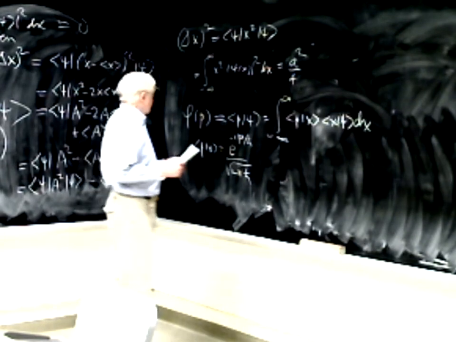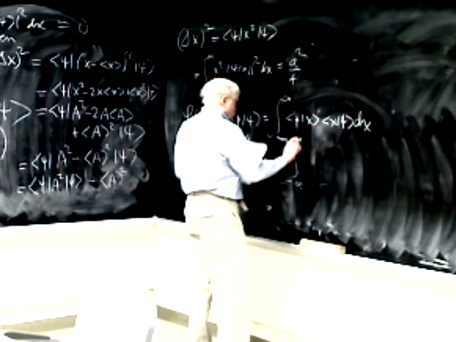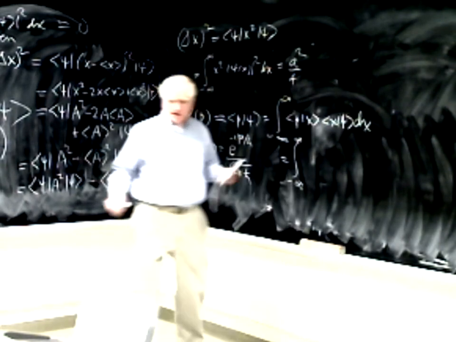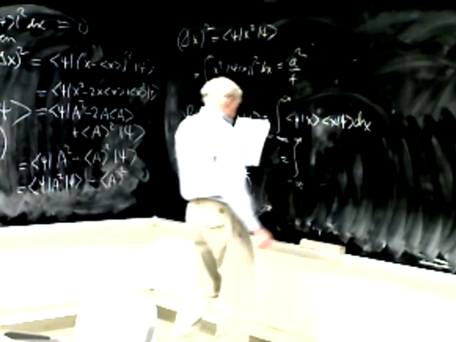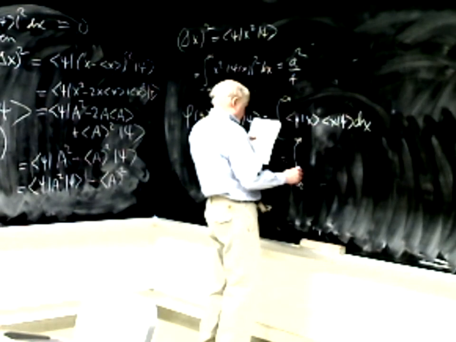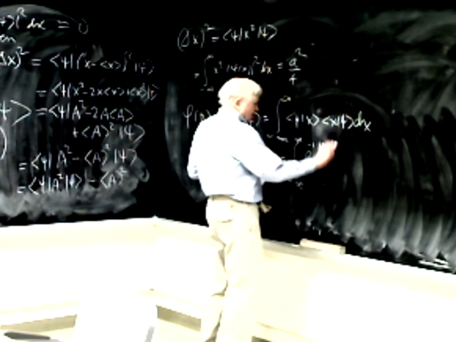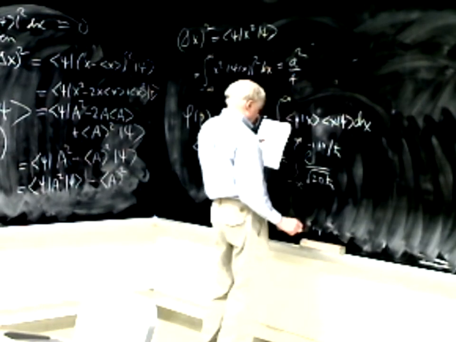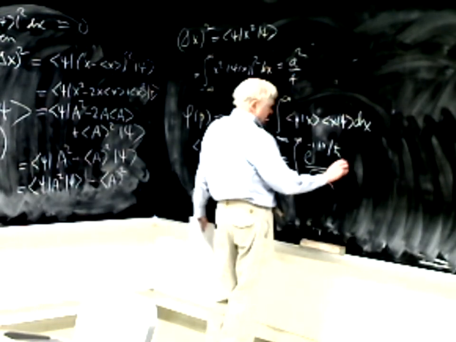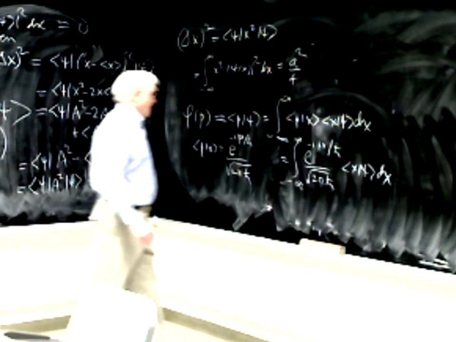And so what we have here then is that psi of p is the integral from minus infinity to plus infinity of e to the minus i p x over h bar divided by the square root of 2 pi h bar, and the rest of that is the inner product of x with psi, or equivalently psi of x.